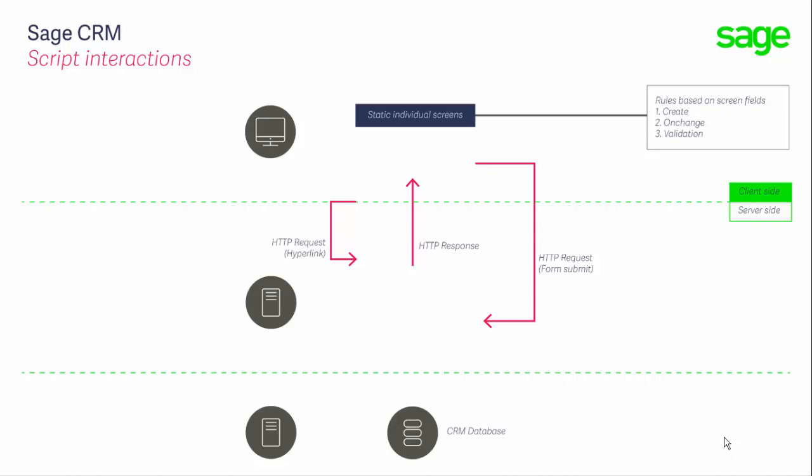Now, we have considered in another video some screens that look at different types of scripts that can be added into a screen. We know actually that we can add in create, on-change and validate scripts into individual screens.